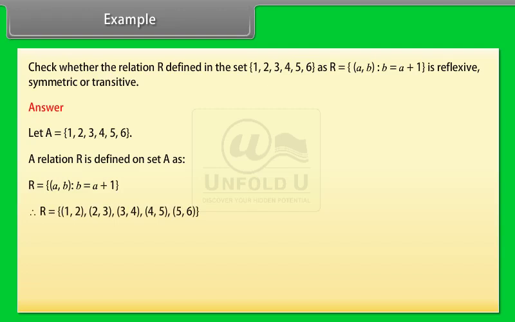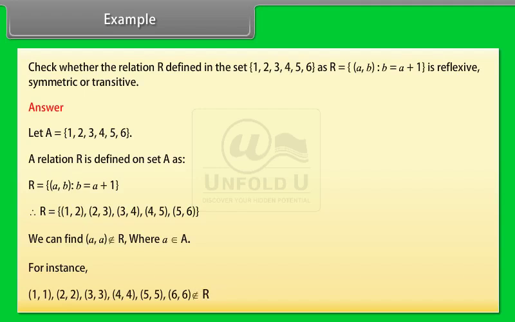Therefore, R = {(1, 2), (2, 3), (3, 4), (4, 5), (5, 6)}. We can find (a, a) does not belong to R where a belongs to A. For instance, (1, 1), (2, 2), (3, 3), (4, 4), (5, 5), (6, 6) do not belong to R.